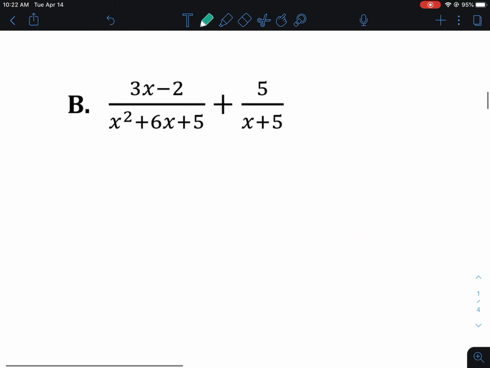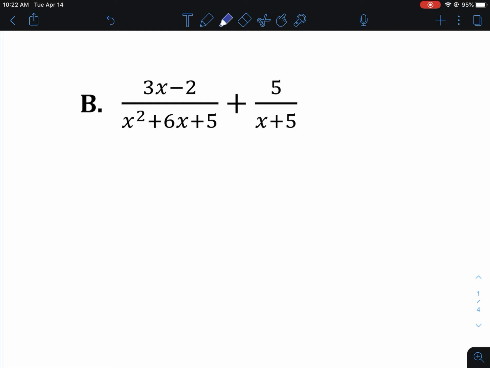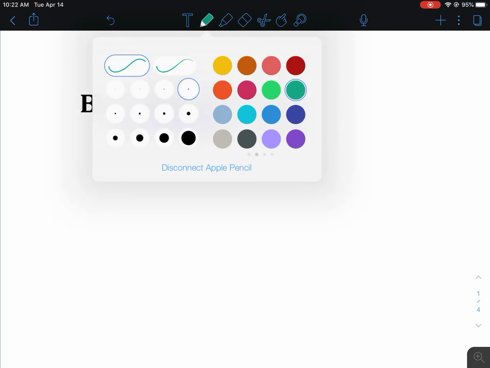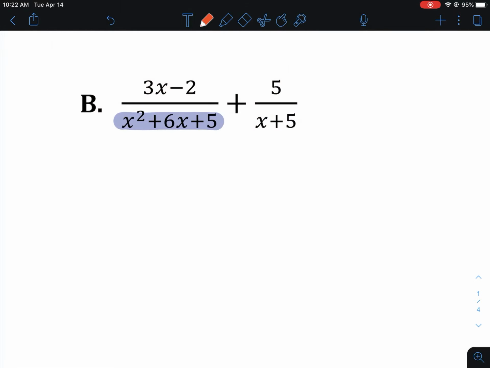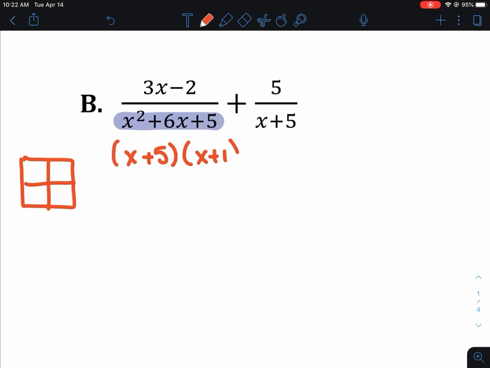All right, if we look at B, the first thing we need to do here, looking at this denominator, is factor. So whether I make a box or I look at what multiplies to give me 5 that adds to give me 6, I get x plus 5 and x plus 1.